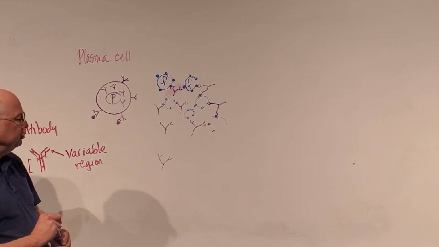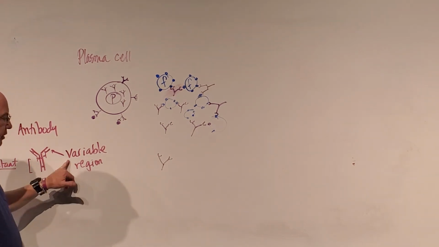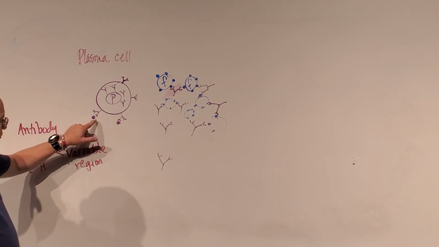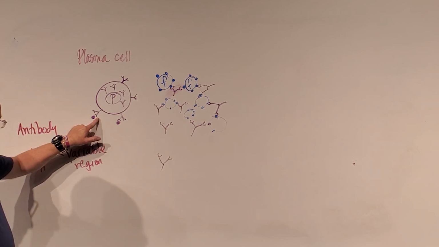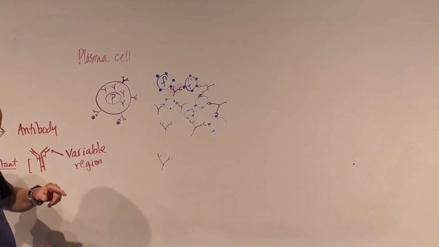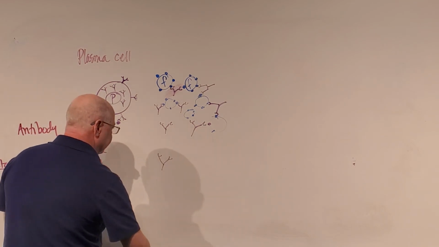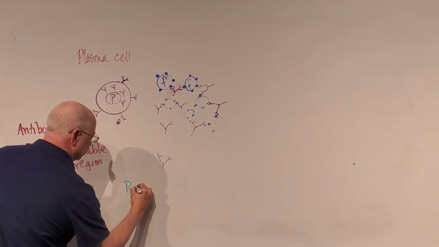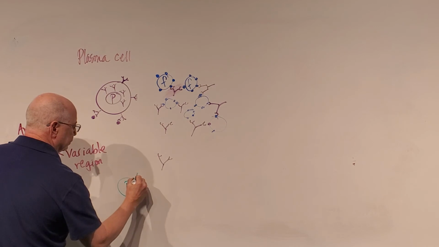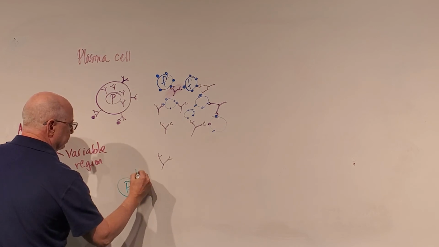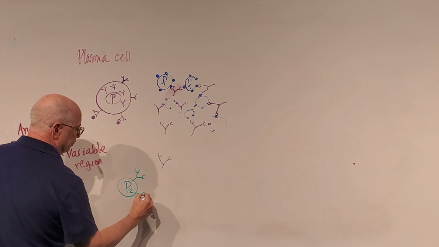So antibodies can do a number of things. Because of their variable region, this particular area will vary depending upon the plasma cell that produces it. Let's say I have plasma cell number 2. It has on its surface antibodies, but those antibodies have a different variable region.